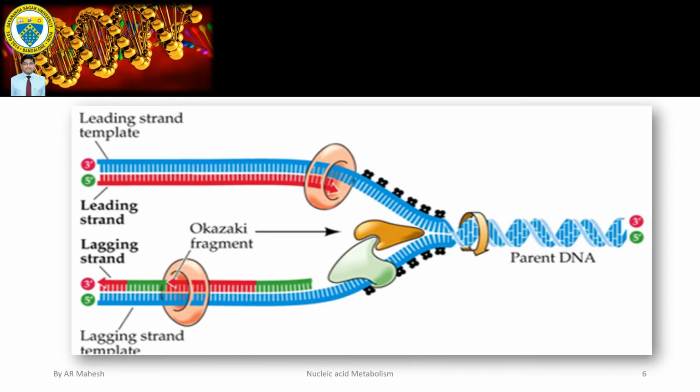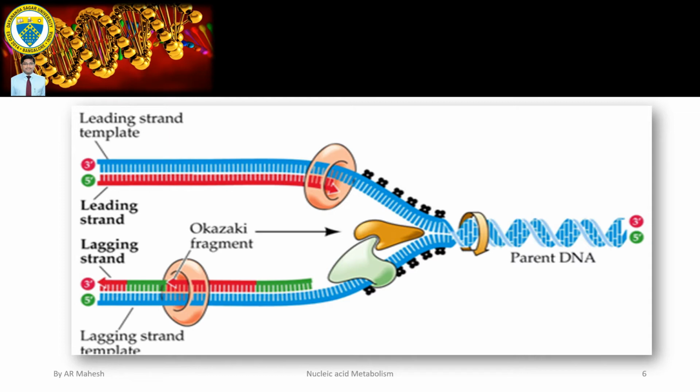DNA replication process is generally referred to as discontinuous because the polymerizing enzyme can add nucleotides only in the 5' to 3' direction. Synthesis in one strand, that is the leading strand, is continuous in the 5' to 3' direction towards the fork.